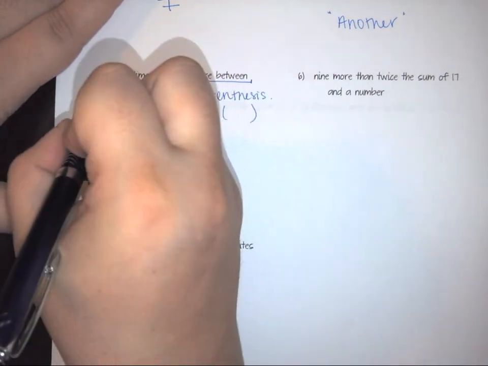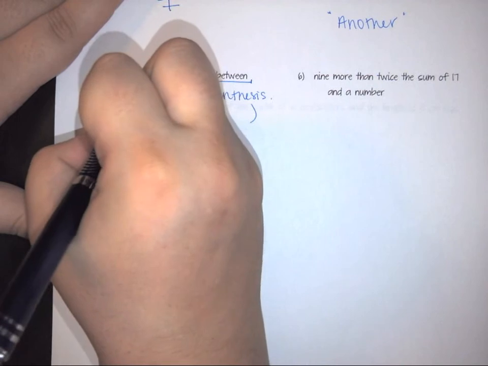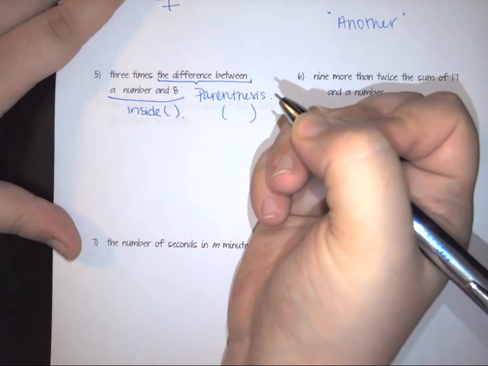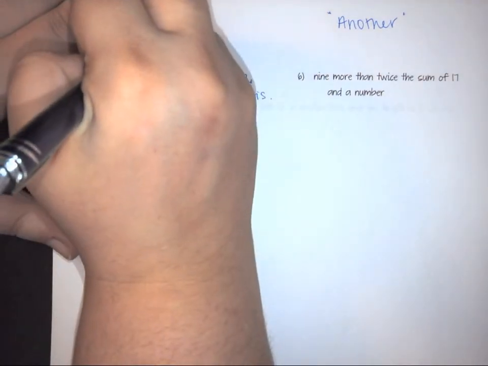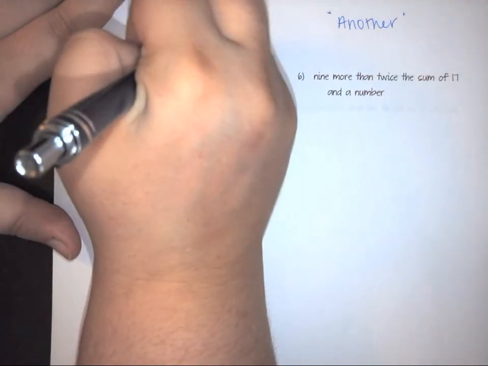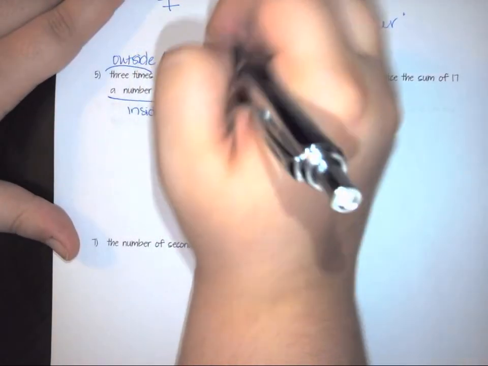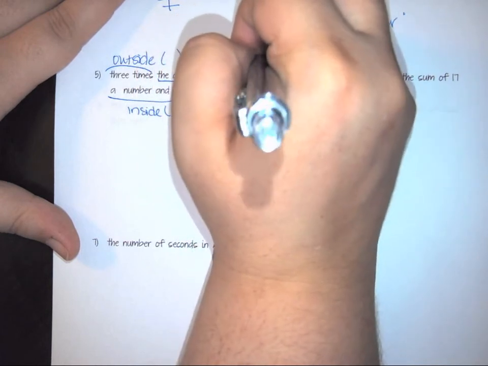Okay, so this part here goes inside your parentheses. That means this part here is outside your parentheses. And then the difference right here, this is your operation.